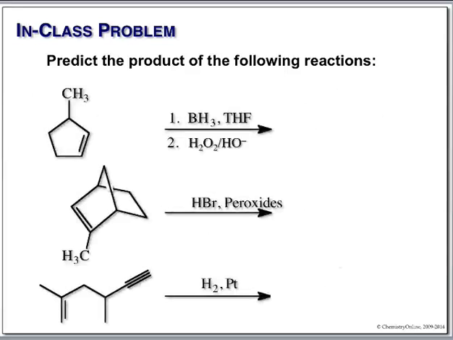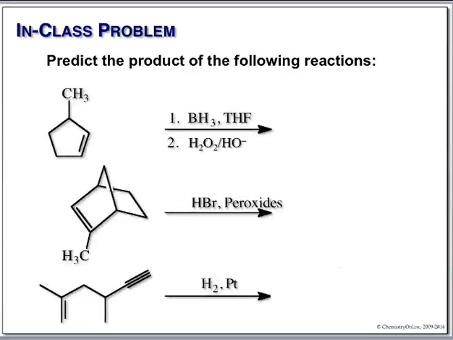Hydroboration oxidation again. You know this is going to be anti-Markovnikov. Now this really isn't a great exam question, not for 234 anyway, because both of these are secondary carbons, aren't they? So you could put the hydroxyl group on either one.